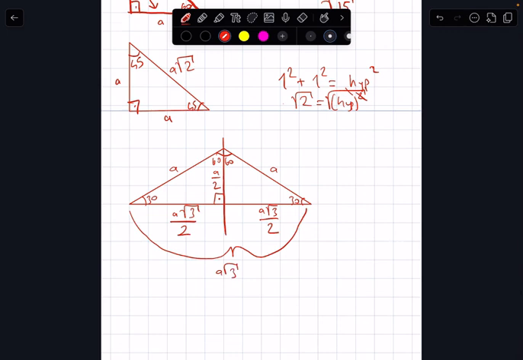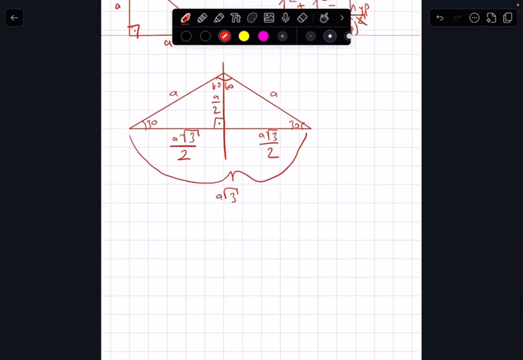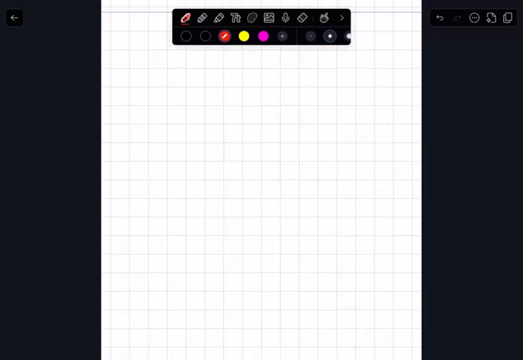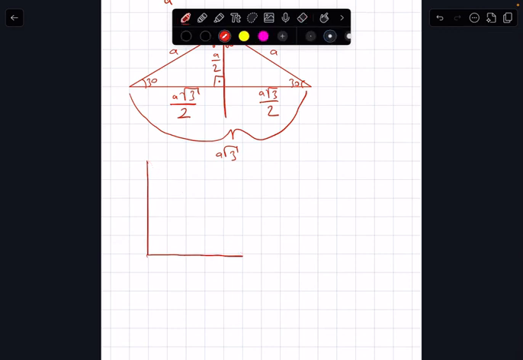And one last thing, it's not really asked, but I just wanted to show it to you. 75, 15 degrees. Let's bend it this way.